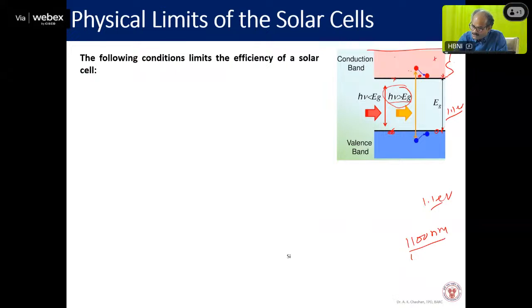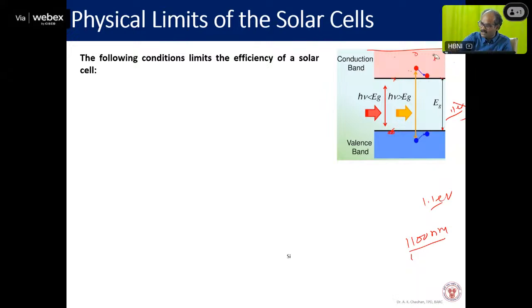This electron, which was here or even here, will absorb the energy and reach a much higher position. However, if the energy is less, this also we have emphasized many times, then it will not be absorbed, it will simply pass through. So only the spectrum which has energy more than this energy will be absorbed.